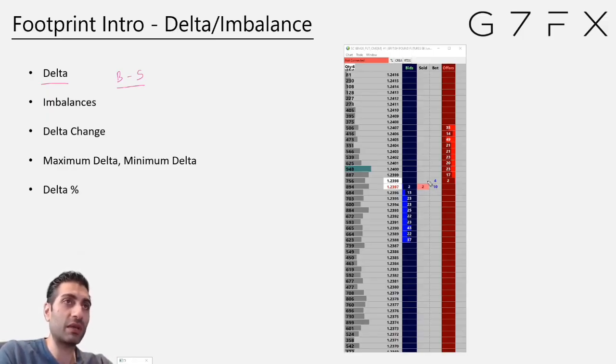Would you agree, when the depth of market is printing, it's printing here on the offer and it's printing here on the bid, right, guys? So that's where imbalances come in. Traditionally, imbalances have actually been measured this way, where you've got this number here and then this number. So it would be 10 minus 2 equals 8.